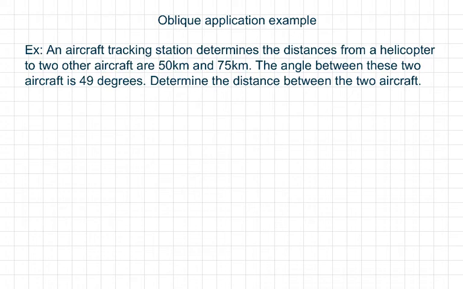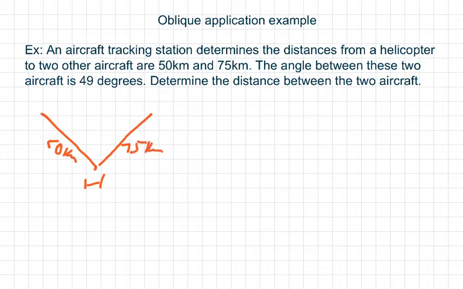An aircraft tracking station determines the distances from a helicopter to two other aircraft, of 50 kilometers and 75 kilometers. So we're talking triangles, so I'm going to put a helicopter here, call that my helicopter, to some other aircraft is 50 kilometers, and then another aircraft is 75 kilometers.